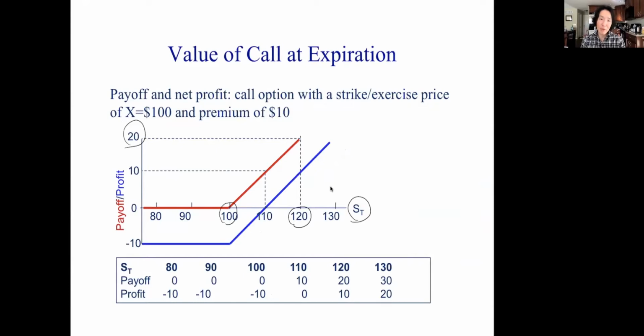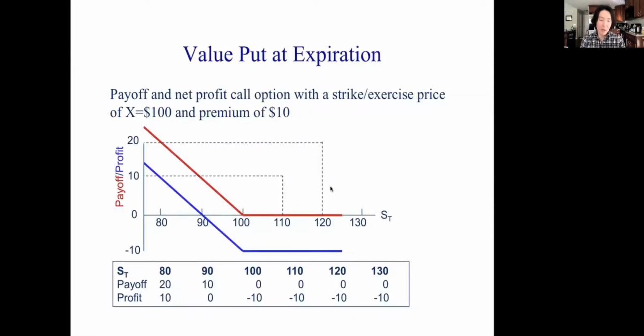The blue line here gives you the payoff. Because the options are not free, you have to pay the premium to get the options. And if the premium is $10, then your profit should go down by $10, right? So there's a parallel shift of this hockey stick by $10 to the south.